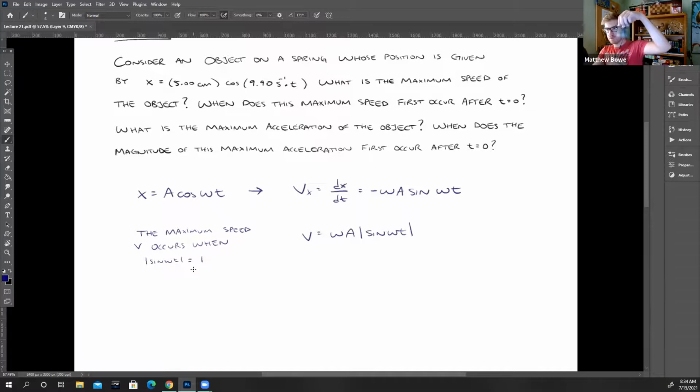So it's right in the middle that it's moving the fastest. In order to find the position right in the middle, that's where we set this equal to 1.